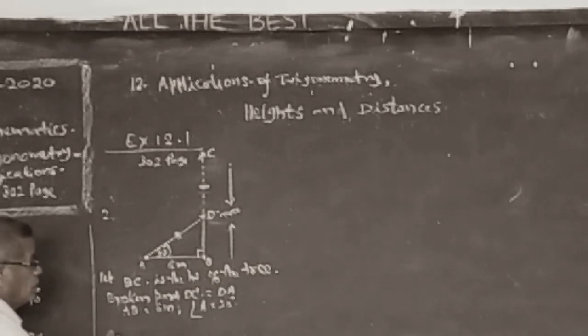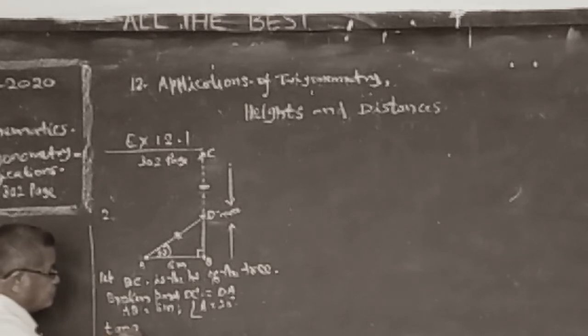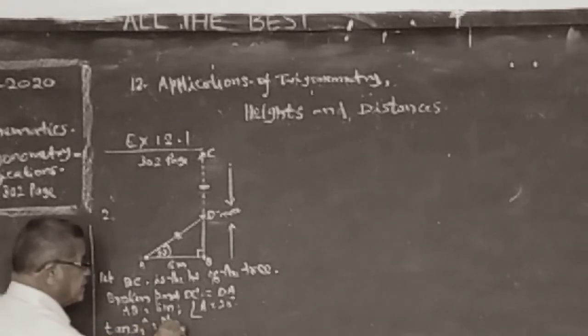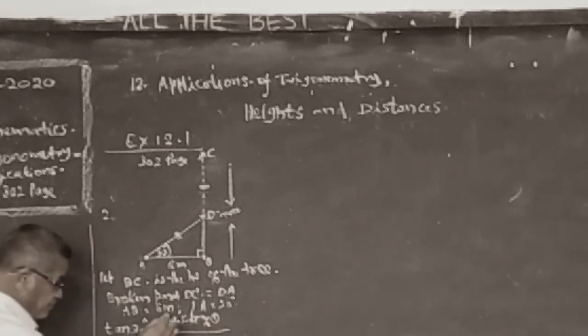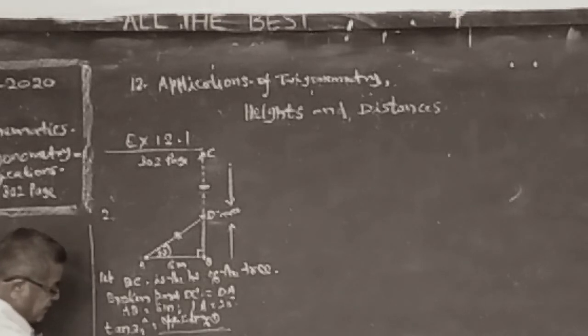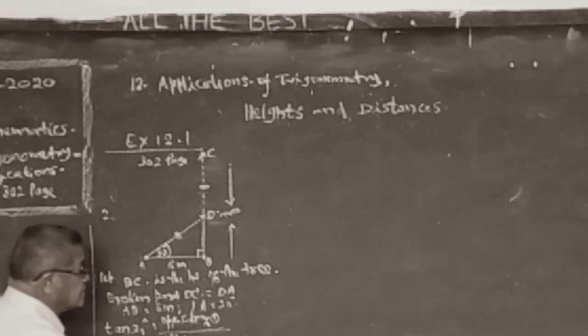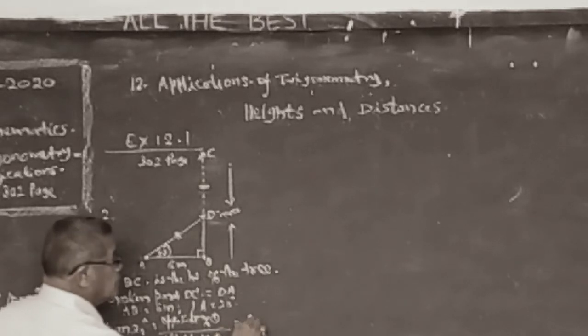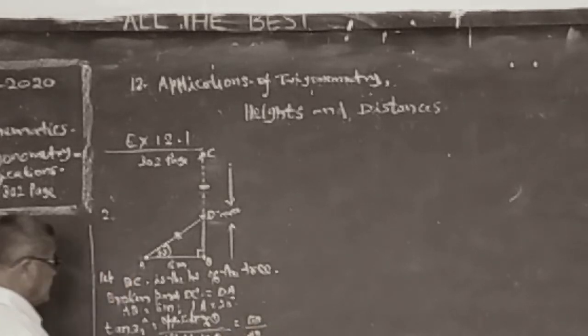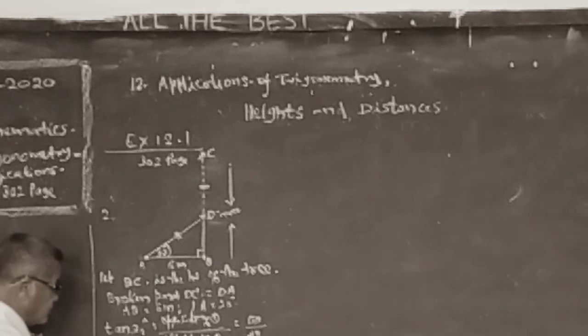Now, tan 30 degrees is equal to the opposite side of theta by the adjacent side of theta, that is BD by AB. The value of tan 30 we know from the table; it is 1 by root 3, as I explained already.